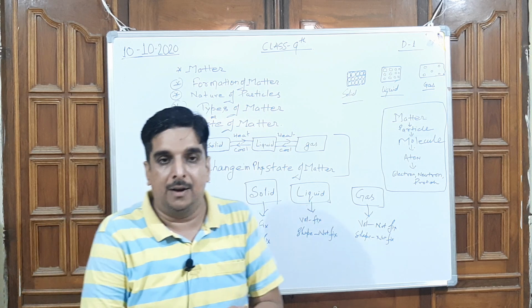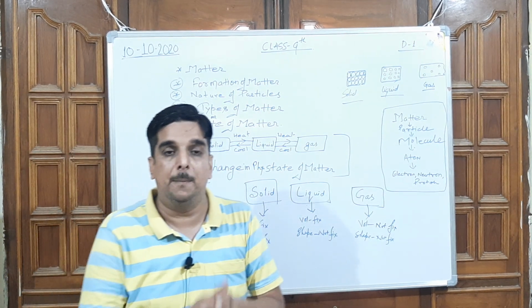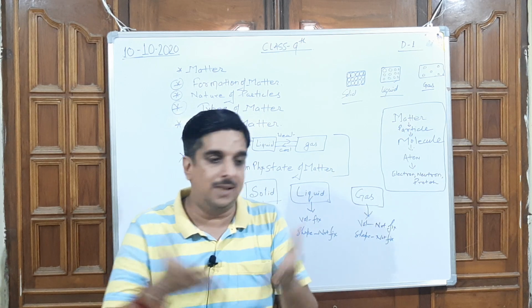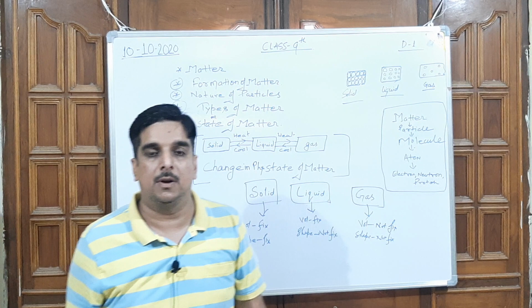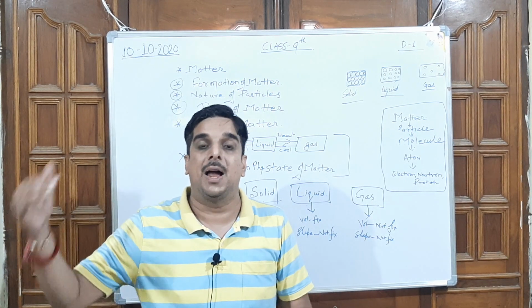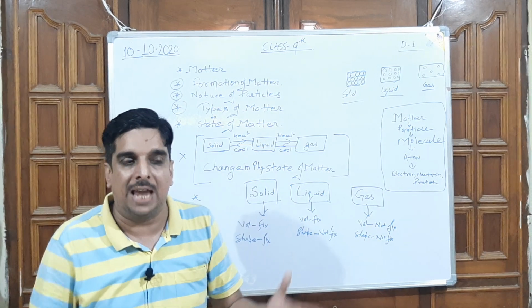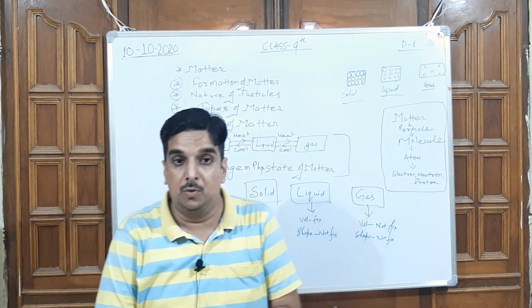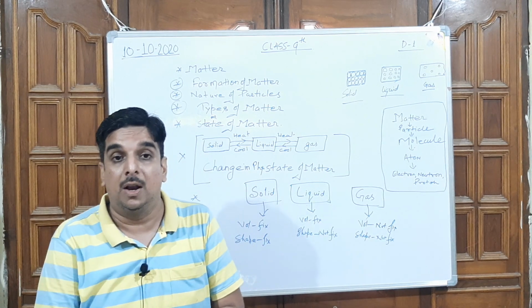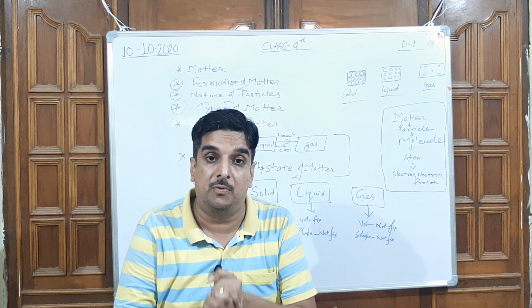And here the coolness plays an important role, because you can see easily that water is in liquid form at our current atmospheric temperature, but in the Himalayas and all, where temperature is too low, like 0 degree, -3, -5, -10, you know that in Leh and all, water is always available in the solid form.